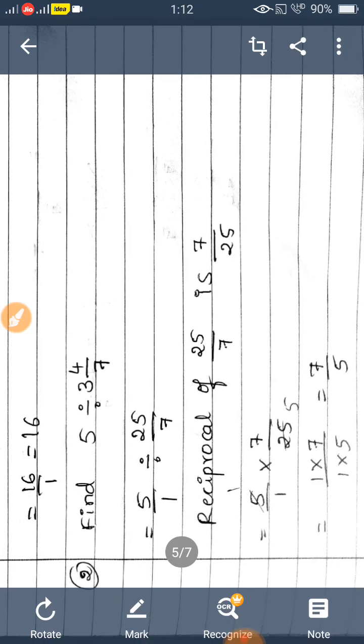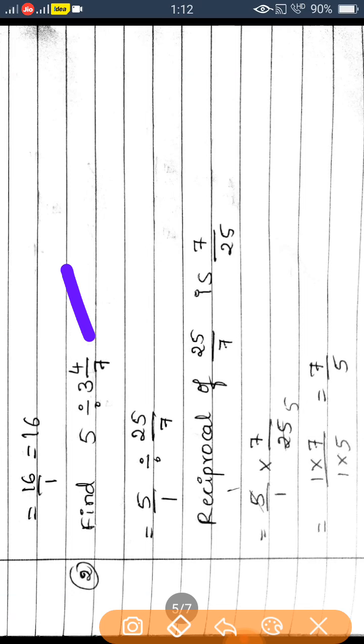So first we have to convert 3 and 4 by 7 to an improper fraction. So it is 25 by 7. 5 I have written as 5 by 1.